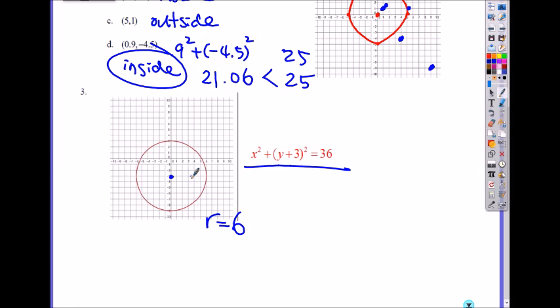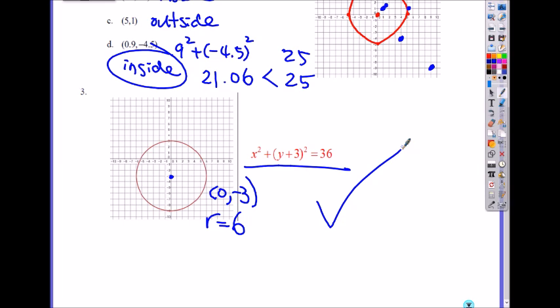And right 6, left 6 to draw the circle. So by doing that, we can find the center, which is 0, negative 3. So with that point and the radius given, is that the right equation? x minus 0 is x, plus y minus negative 3 is plus 3 squared equals 6 squared, which is 36. So this was a right equation.